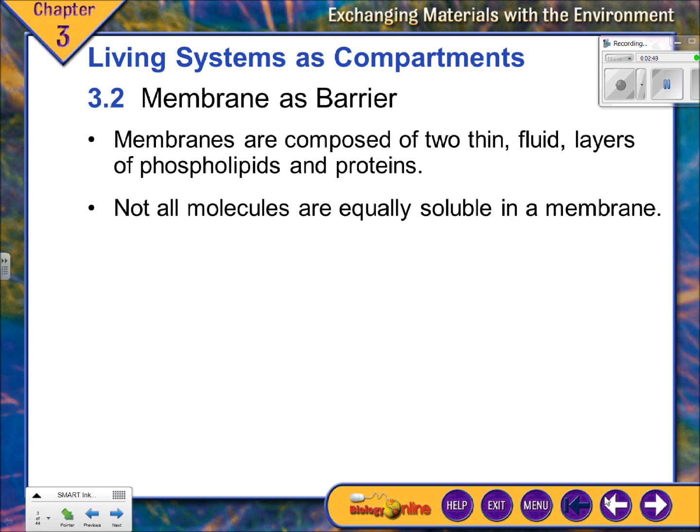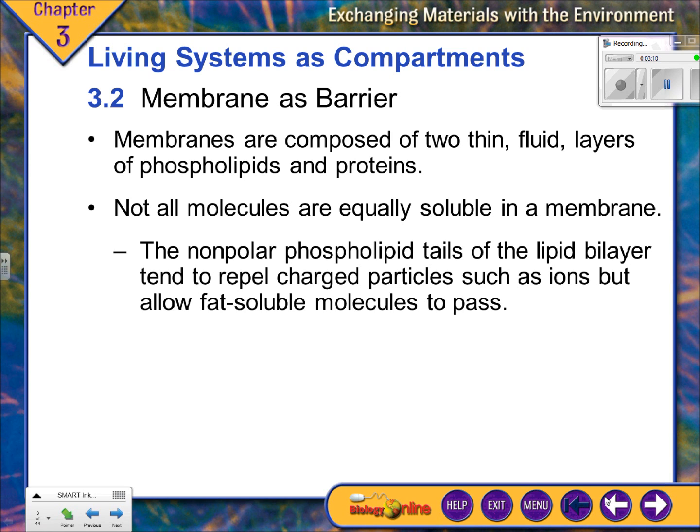Think about it. If these are all facing the insides of the membrane and they're hydrophobic, then is water going to go right through the phospholipids? No. You will hear, though, that water does pass freely, and I'll explain how it does. But it's not by coming in contact with the tails of those phospholipids.